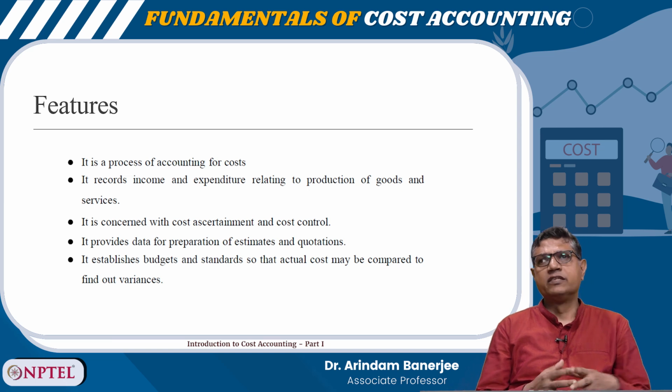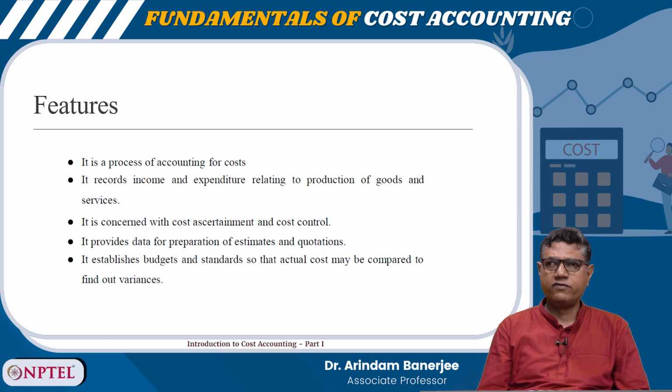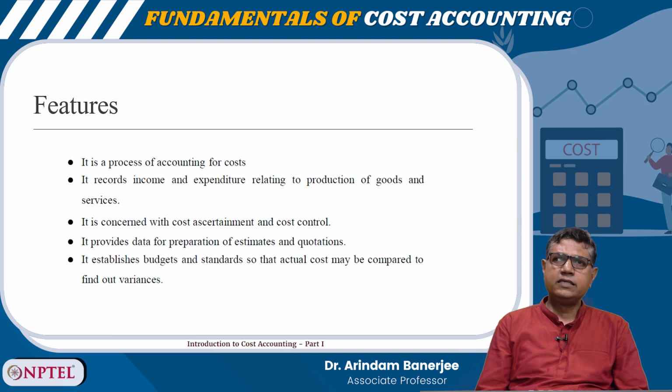What are the important features? The first feature is, it is a process of accounting of costs, right. Second, it records income and expenditure relating to production of goods and services. It is concerned with cost ascertainment and cost control. It provides data for preparation of estimates and quotations.